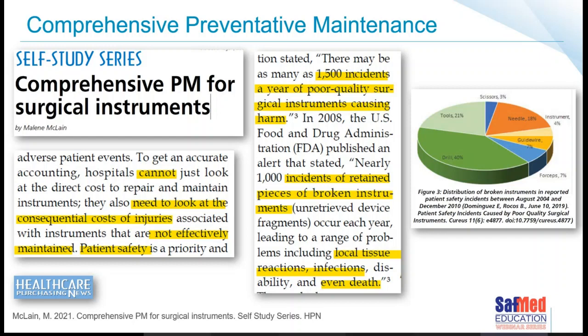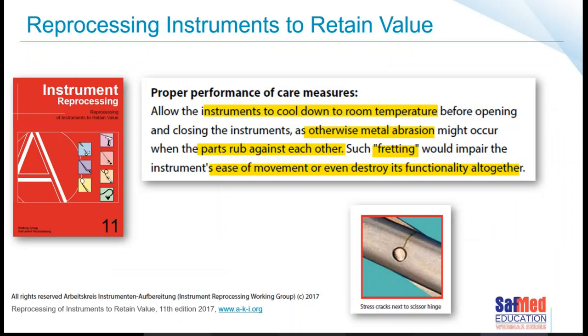Nearly 1,000 incidents of retained pieces of broken instruments, some of which were not retrieved, and of course these instruments can cause local tissue reactions, infections, disability, and even death in a patient. That sounds absolutely terrible.